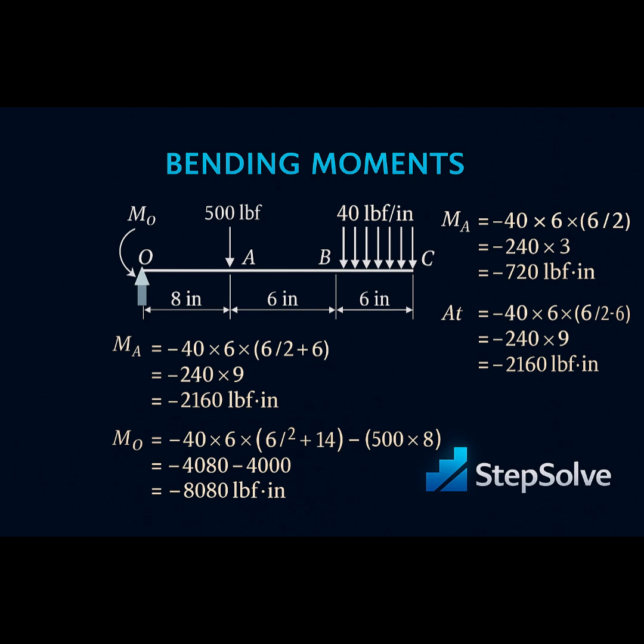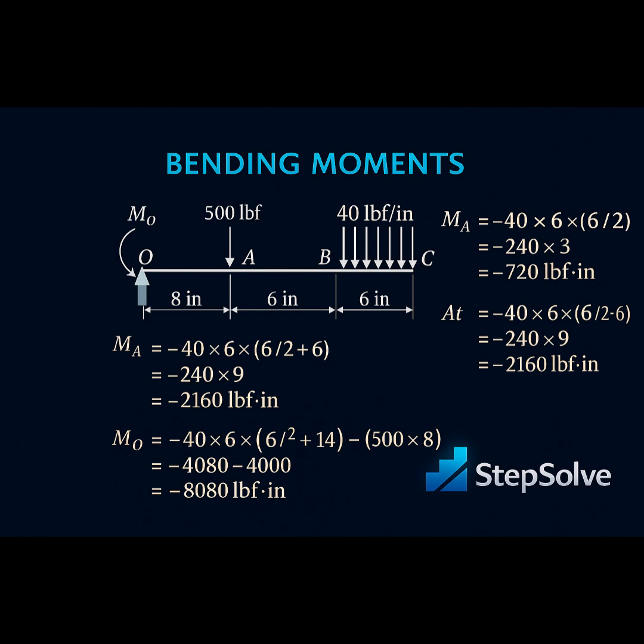Since it's sagging down, it's negative. MB equals minus 720 lbf in. Now at A, that uniform load acts over more length, plus the 500-pound point load jumps in to help. Crunch the numbers. MA equals minus 2,160 lbf in. That's a big bend. This beam's feeling emotions right now.